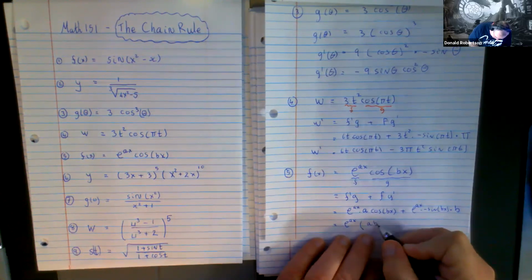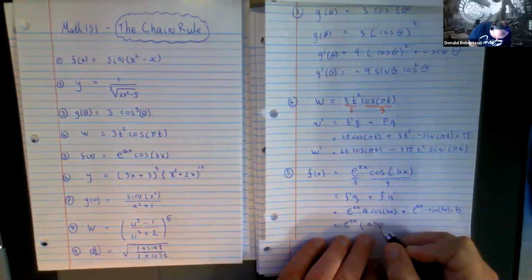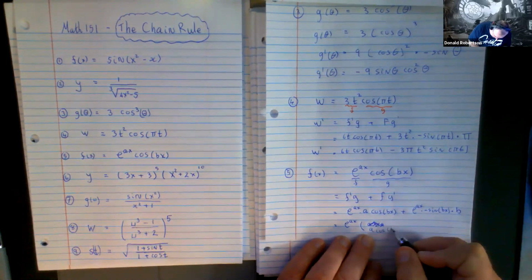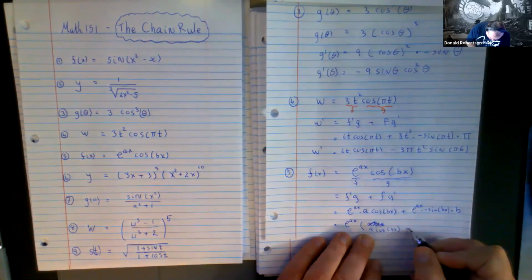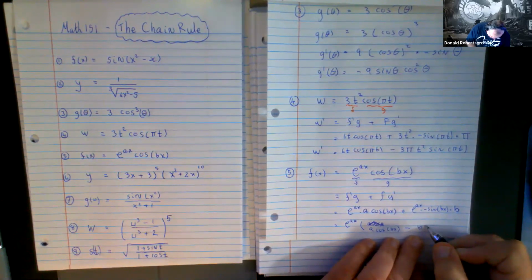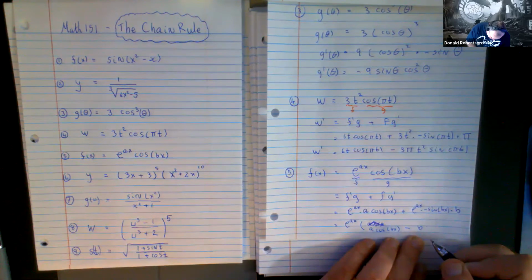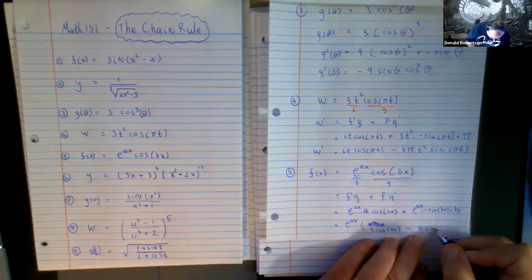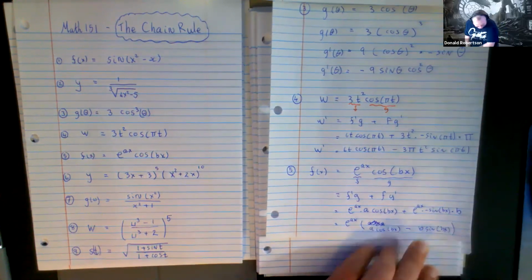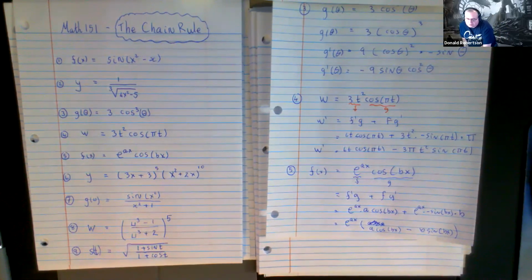That's going to leave me with a cosine of bx minus b sine of bx. It's a bit messy there, but you can imagine what I've written.